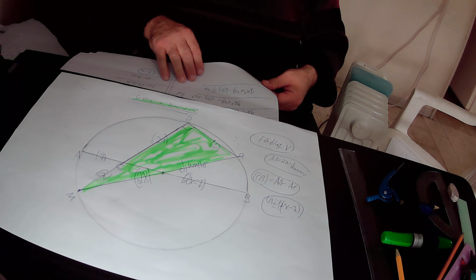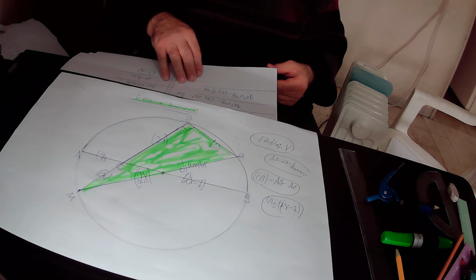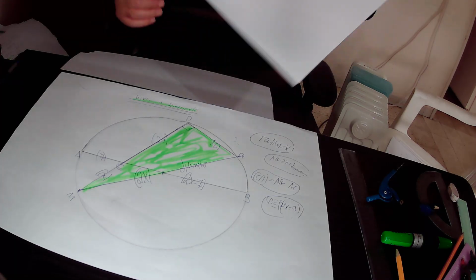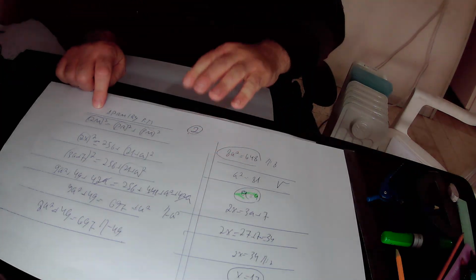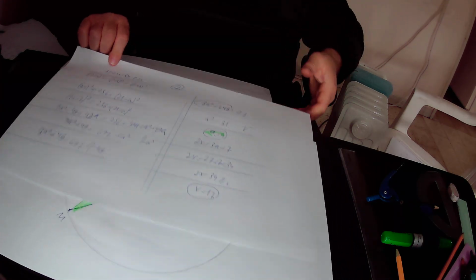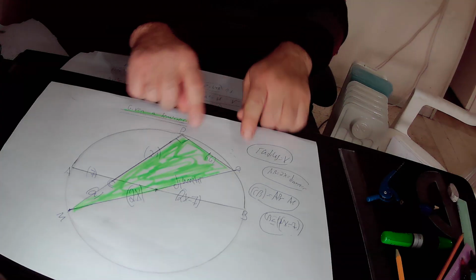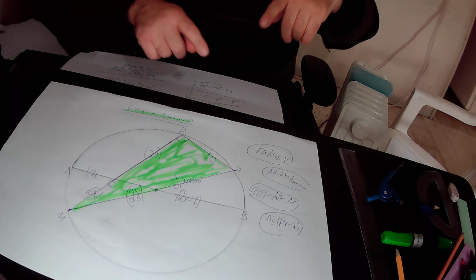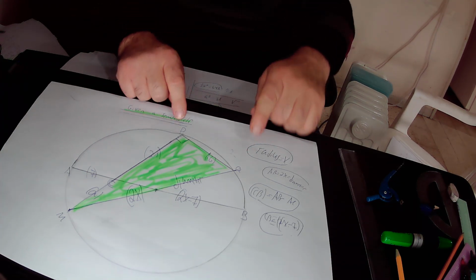And again, in right triangle PQM, according to the Pythagoras theorem, QM squared, that is the square of the hypotenuse, equals PQ squared plus PM squared. QM is 2x, so QM squared is 2x squared, equals PQ squared.